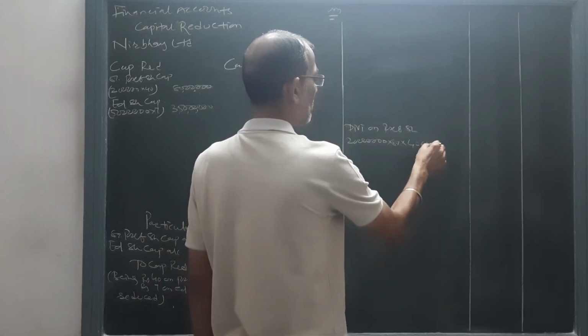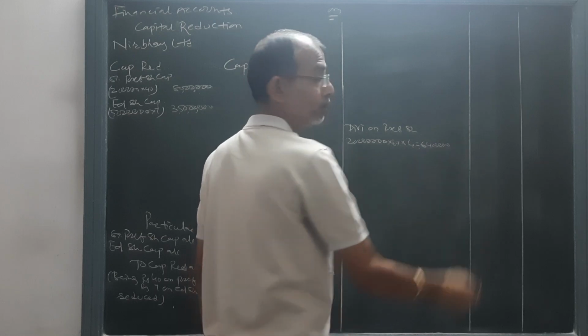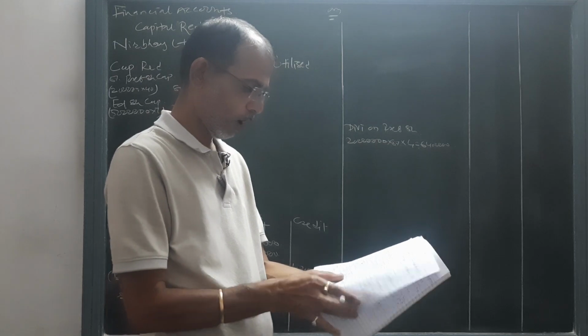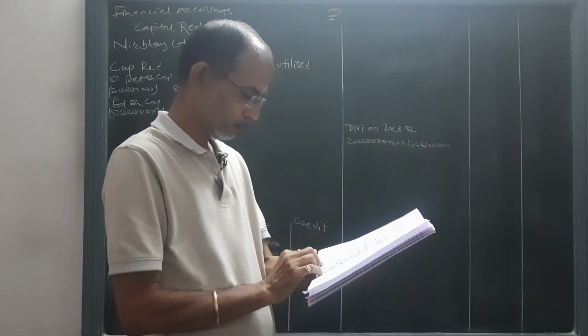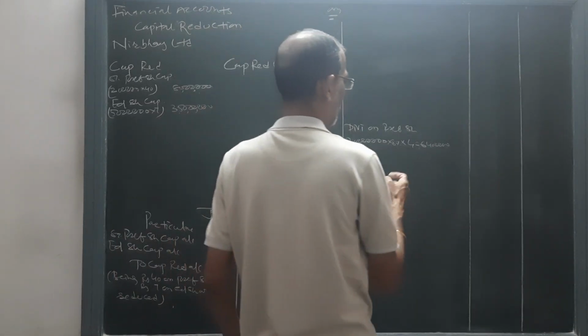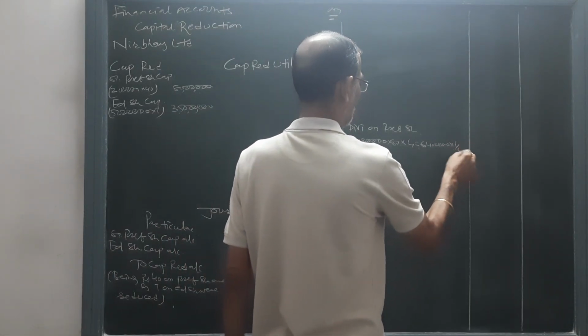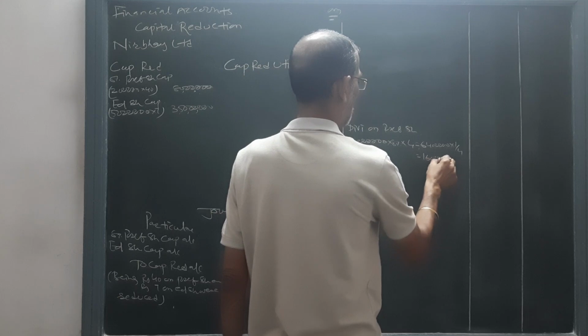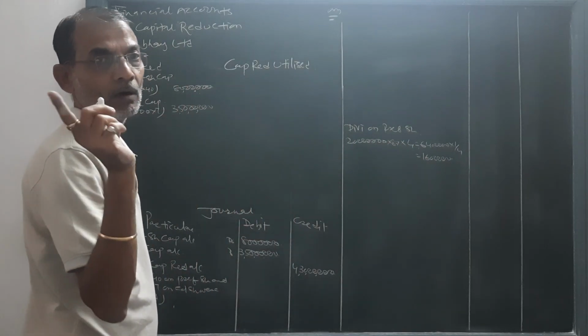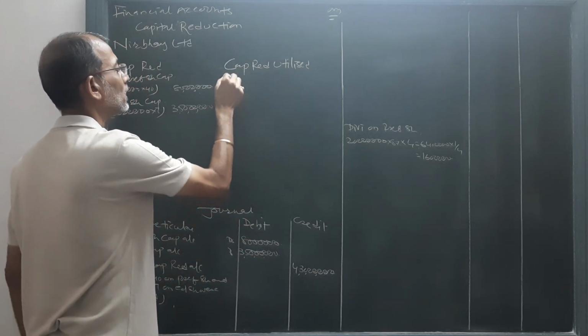That will be 64 lakh. Now it has been said how much they waived. 3/4 they have waived and 1/4 is to be paid. So that will be 16 lakh. It will be written on the utilized side.